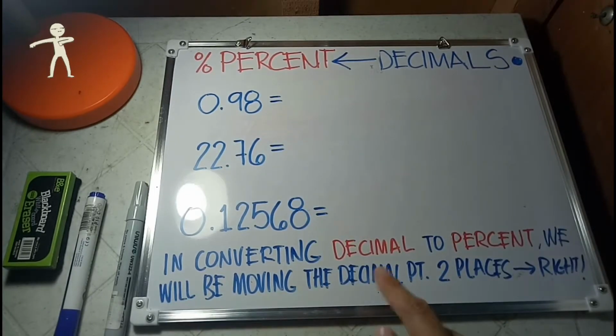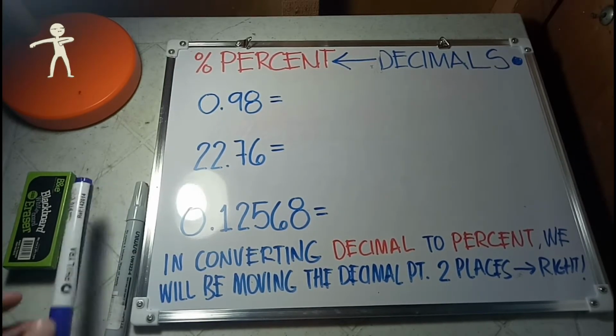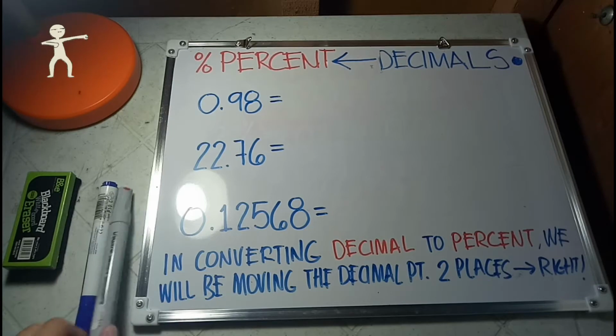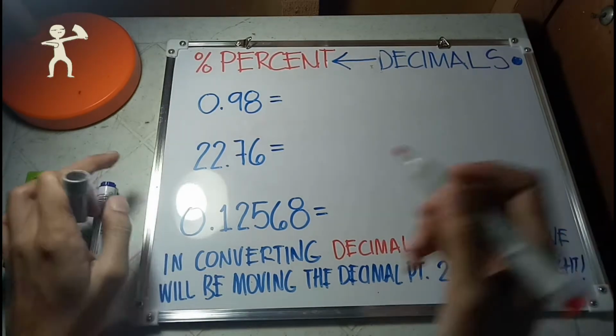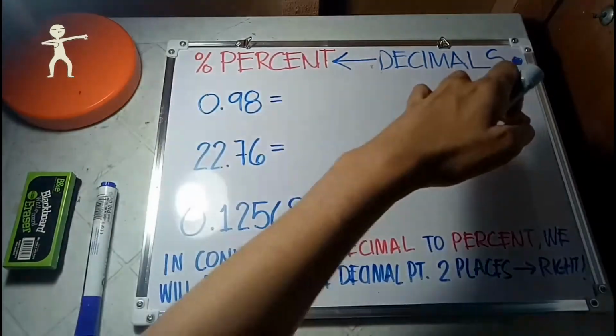So in converting decimal to percent, we will be moving the decimal point 2 places to the right. So in this case, we will only move the decimal point 2 places rin, pero sa right naman po.